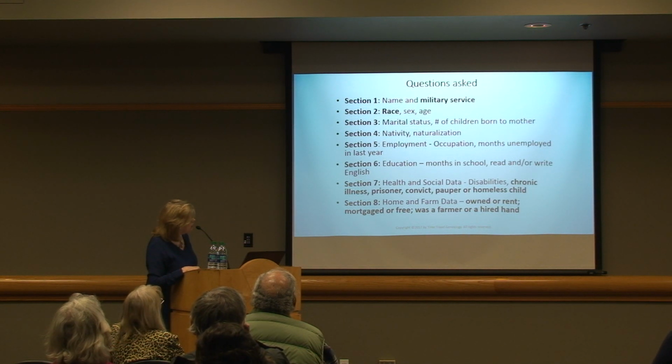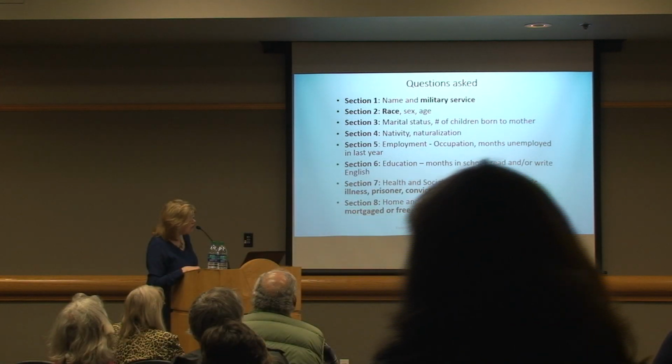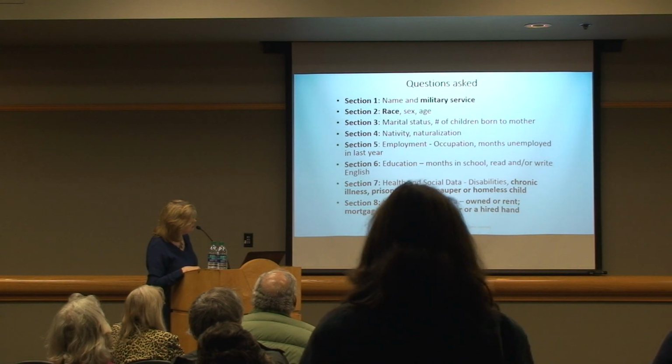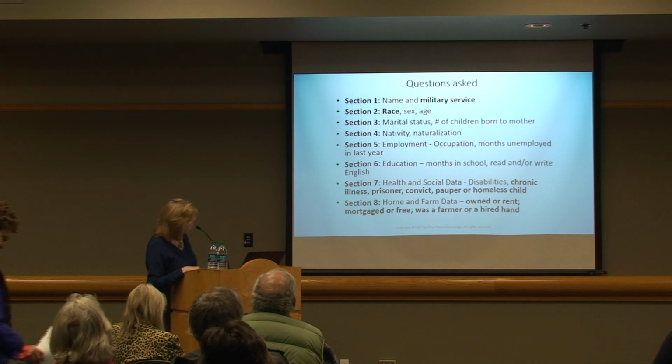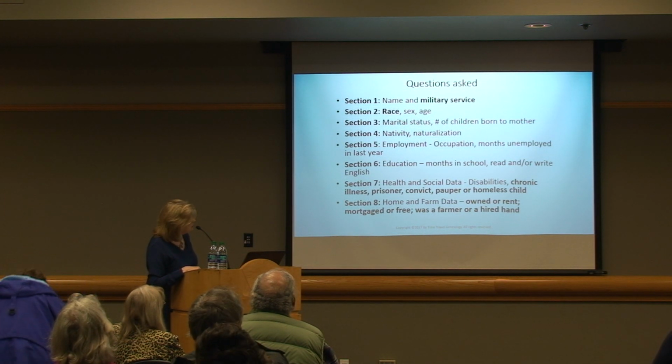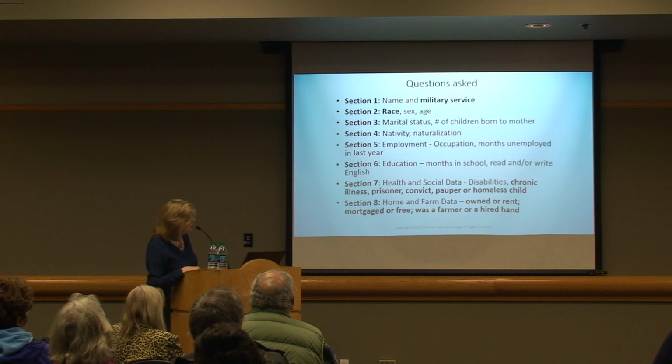Under employment, they wanted to know what your occupation was and how many months in the last year you were unemployed. Under education, they wanted to know how many months in school an individual attended and if you could read and or write English. Section 7 dealt with health and social data.